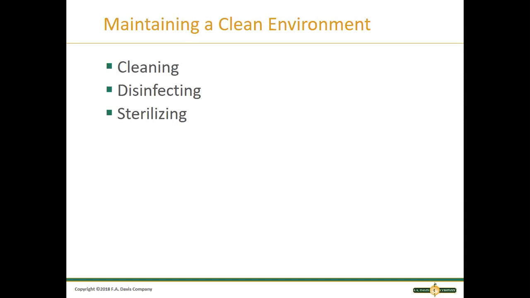And then the third one is sterilization. This is where we eliminate microorganisms except for prions, and that can be in or on any object. And usually with sterilization, they go in what's called an autoclave.